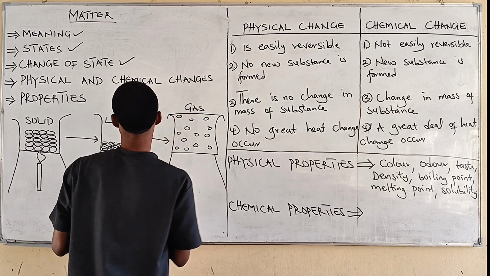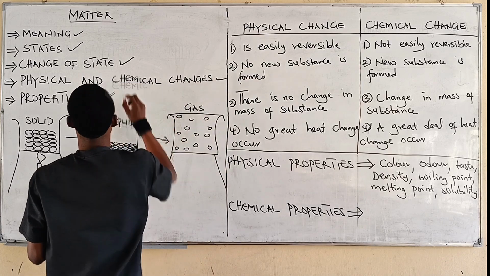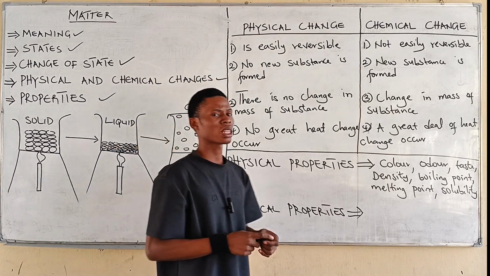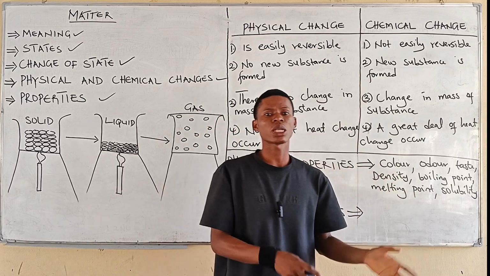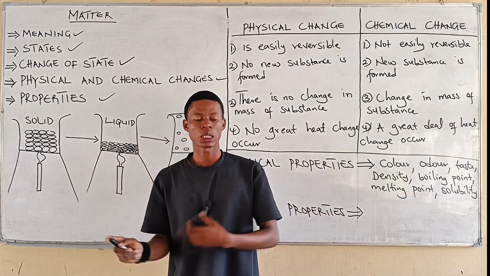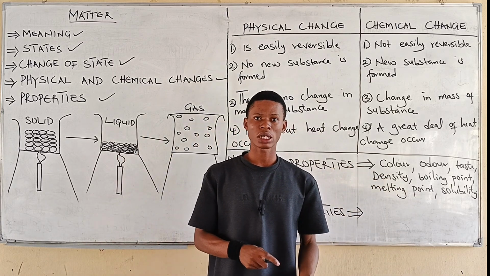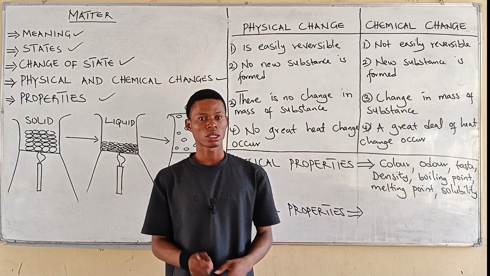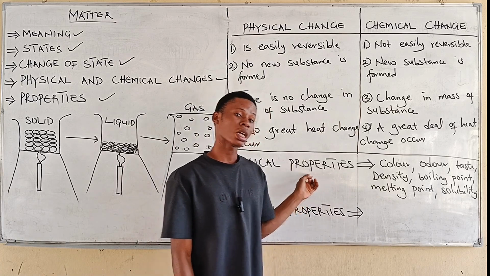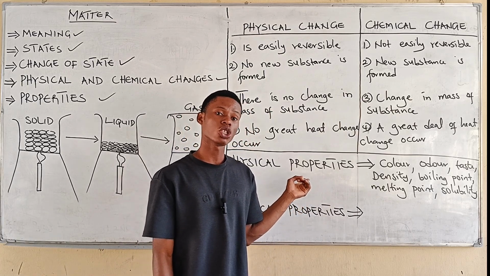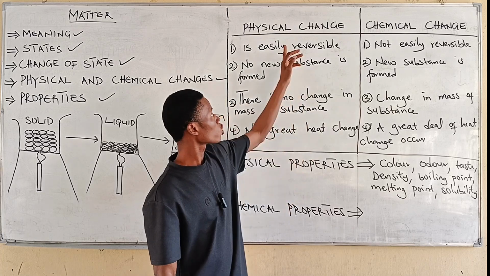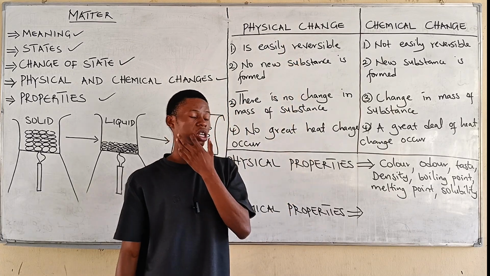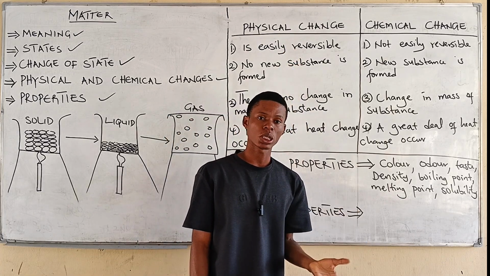Now, very quickly, the last thing here is the properties of matter. Properties of matter can be grouped into physical properties and chemical properties. Physical properties of matter are those associated with physical changes, which we just looked at, while chemical properties of matter are those associated with chemical changes.